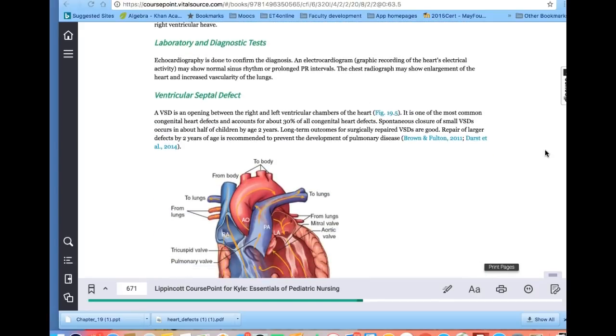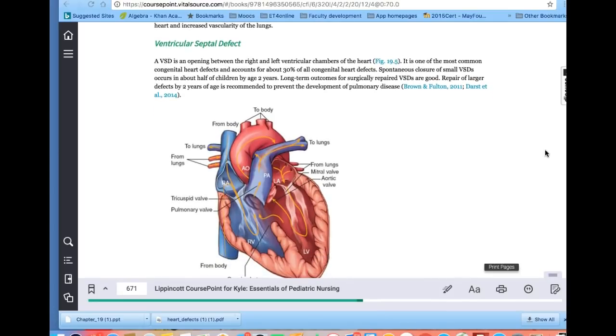All right, a VSD is very similar to an ASD. It is the most common congenital heart disease defect. Spontaneous closure usually happens by about 2 years. If it's large enough or if it does not close, then they have to go in and do surgery.